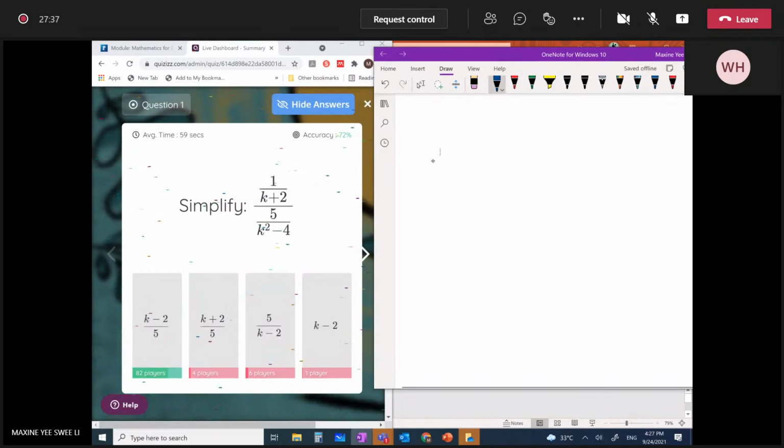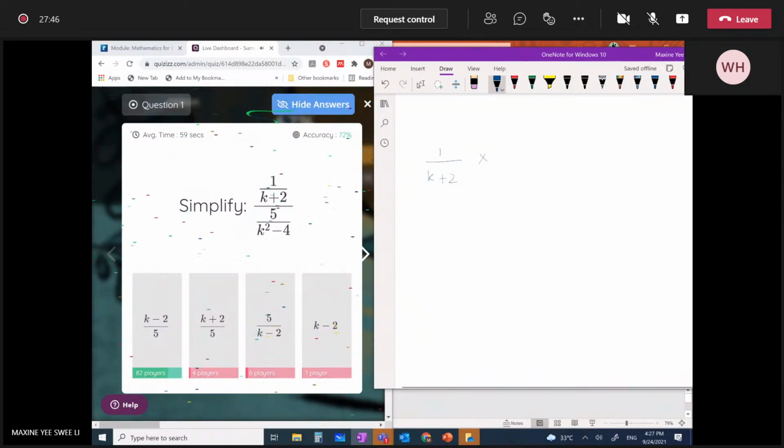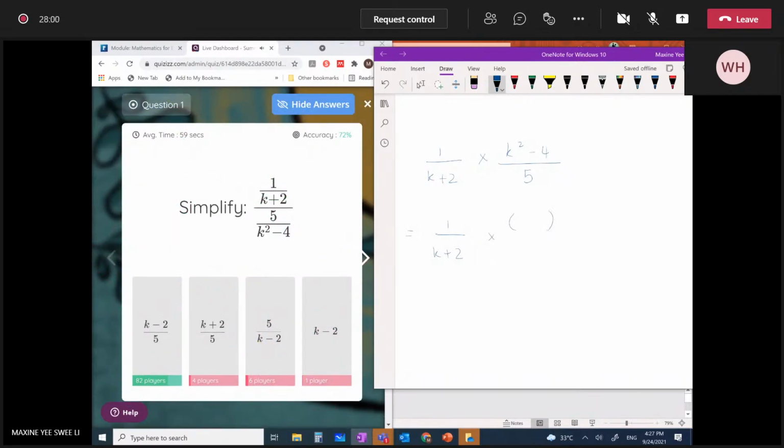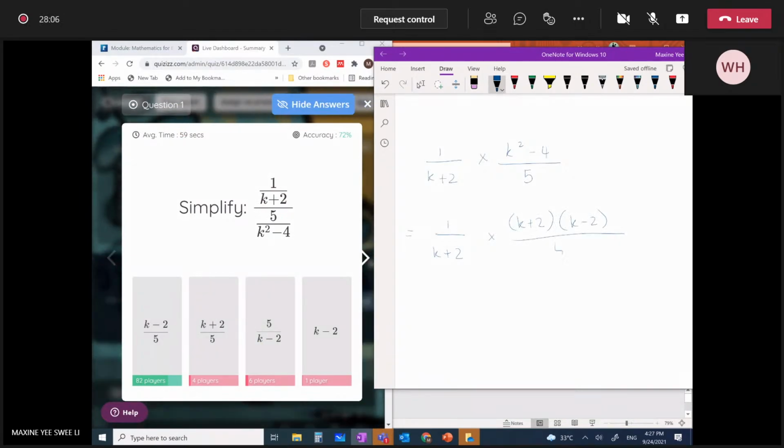You take 1 over k plus 2 multiplied by the reciprocal, k squared minus 4 over 5. If you did not do that, you would face a problem. The k squared minus 4 can be factored into k plus 2, k minus 2. Then cancel off the common factors, and what is left behind is k minus 2 over 5.